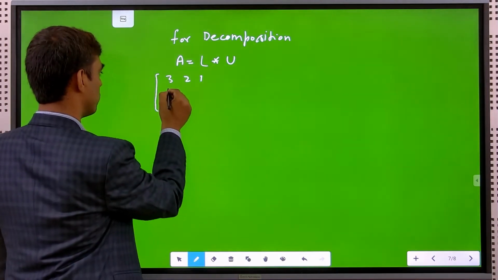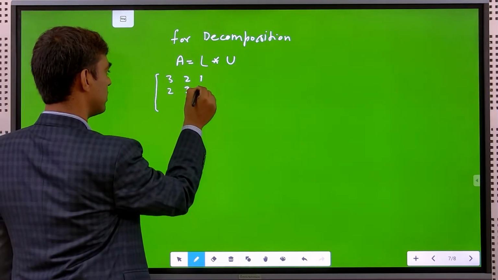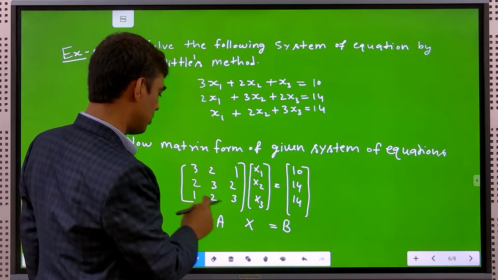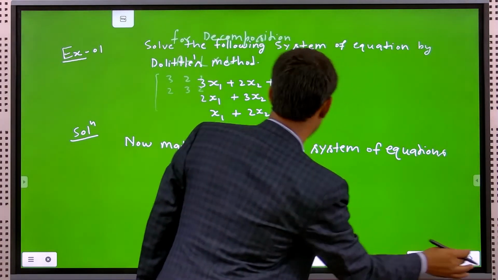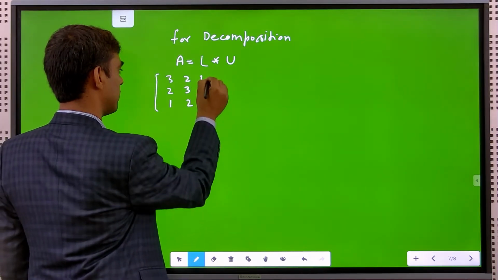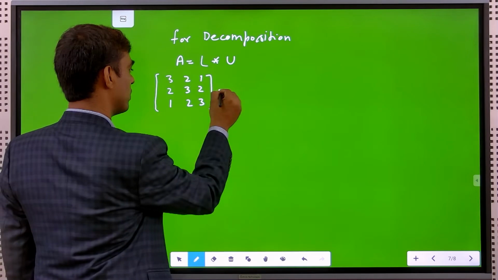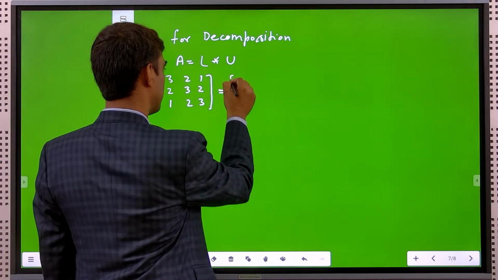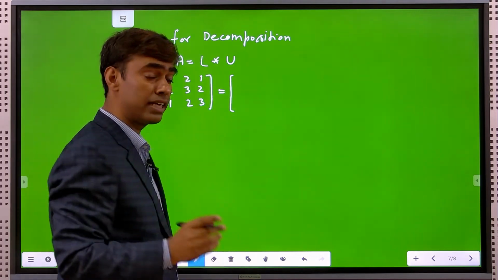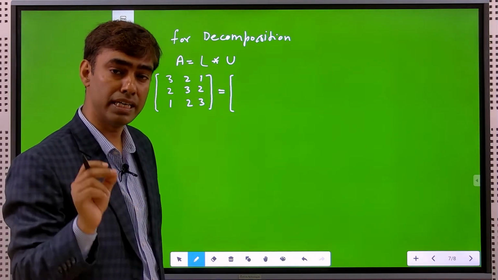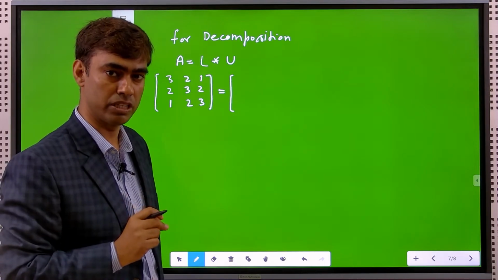Now, the elements of the third row: 1, 2, 3. This equals the lower triangular matrix, and we take the diagonal elements of the lower triangular matrix equal to 1 in order to find a unique solution.